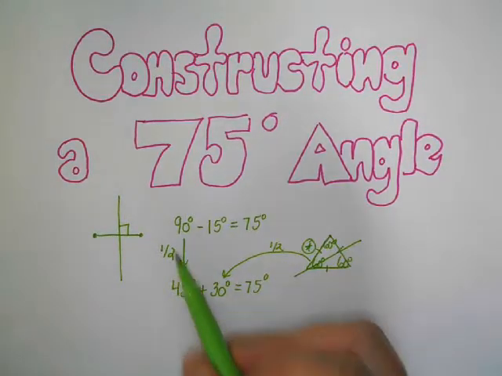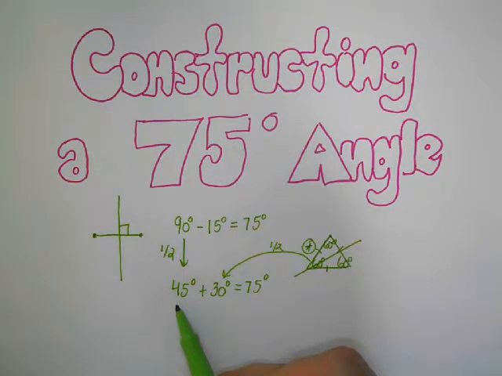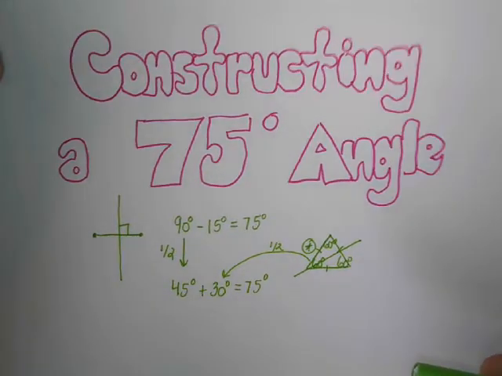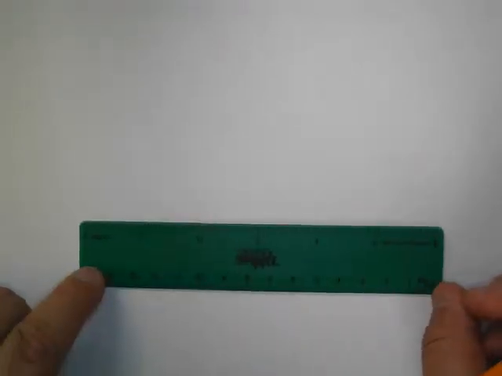We could also do the 45-degree angle a different way, and I will show you that in the construction as well. So how about we get started? Let's begin by drawing in line segment AB with a straight edge.